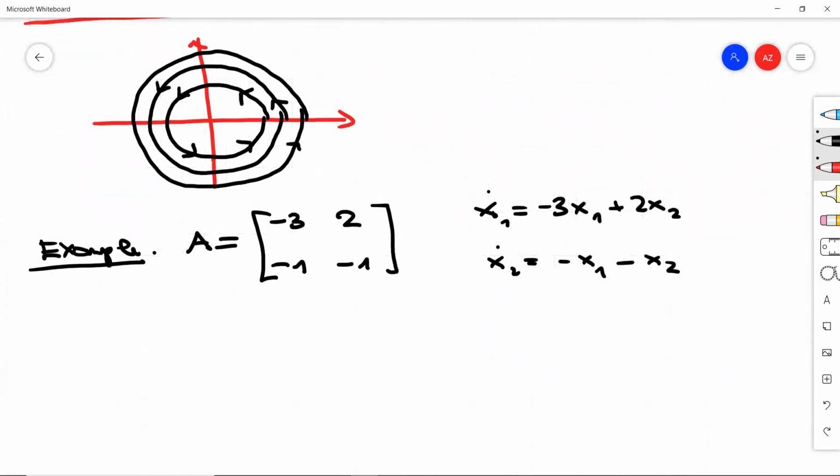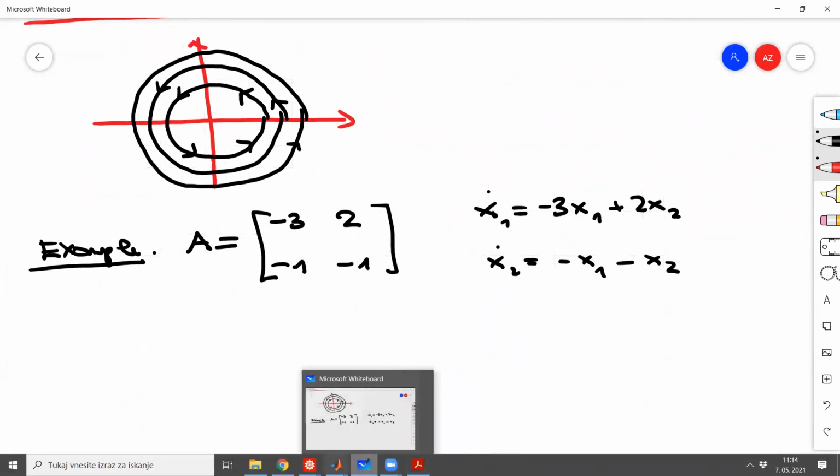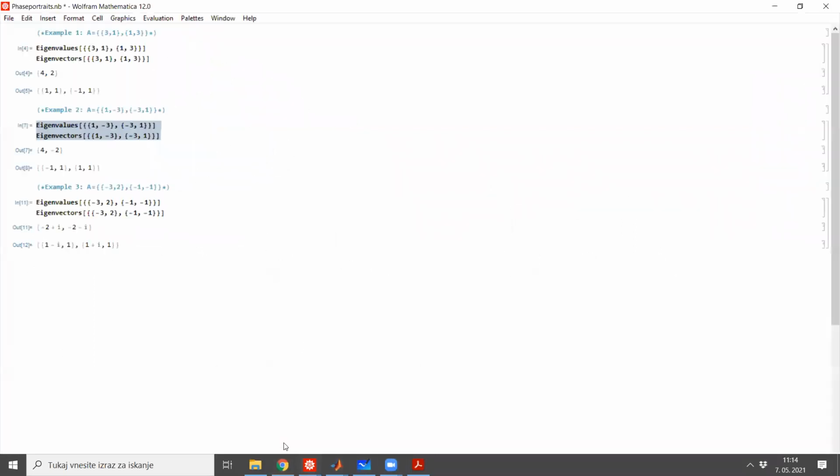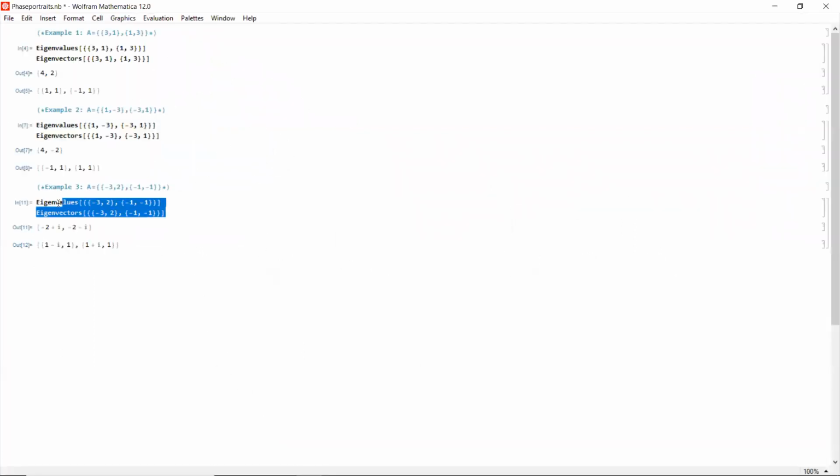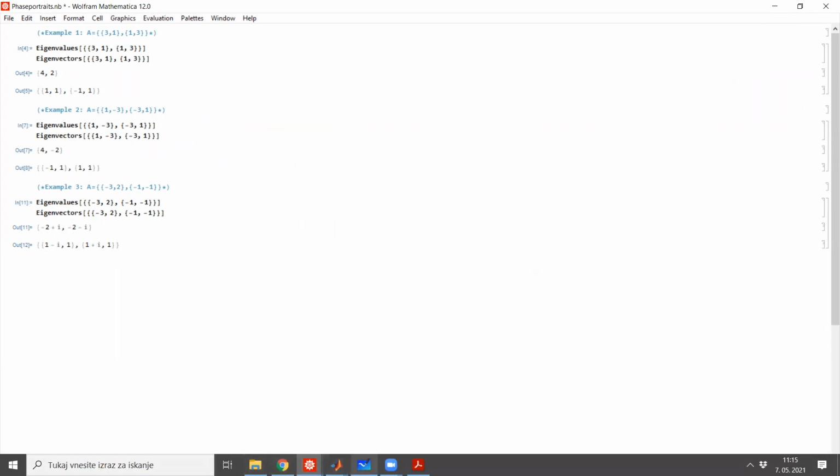Let's compute the eigenvalue-eigenvector pairs. This is example 3. And you see that the eigenvalues are -2 plus i, and the corresponding eigenvector is 1 minus i, 1. So the other pair is just the complex conjugate of the first pair.